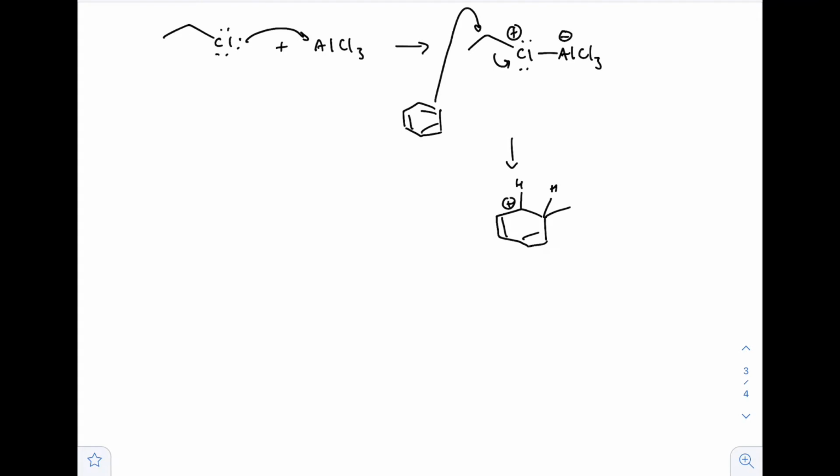It's a good leaving group now, right? Chlorine's already a decent leaving group, but it's even better now with that aluminum Lewis acid attached to it. So that's really why these guys need to be present, because if it's going to be an easier leaving group, that's the first step in this mechanism.